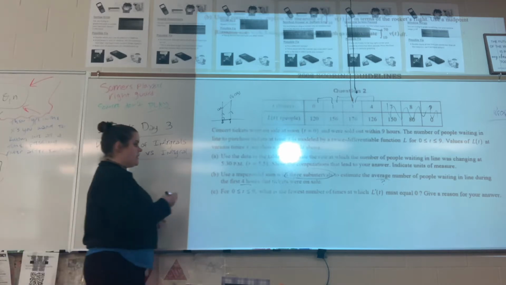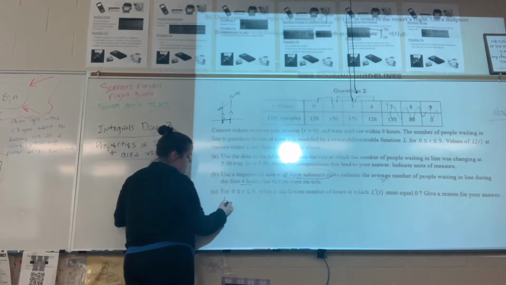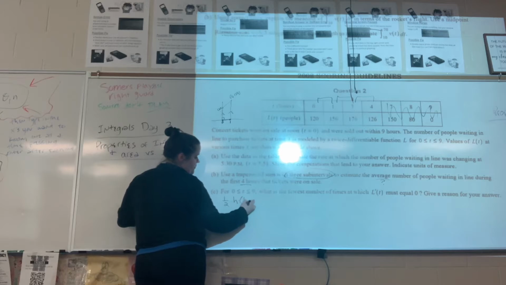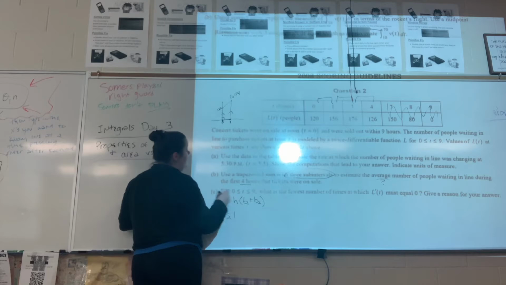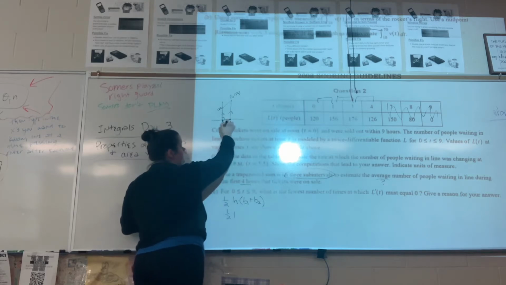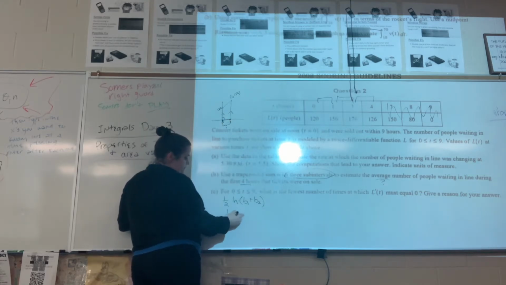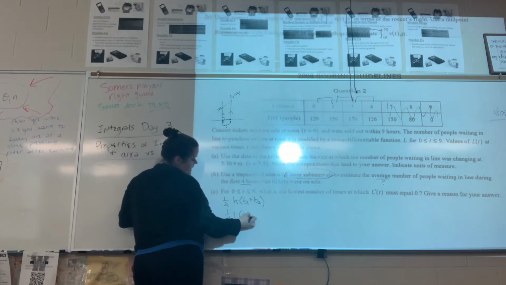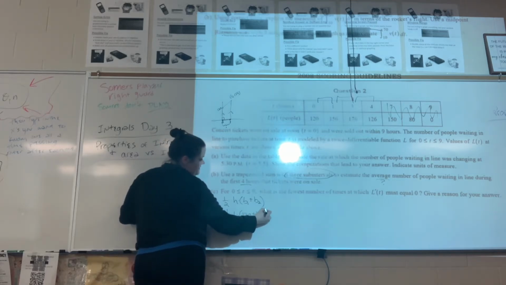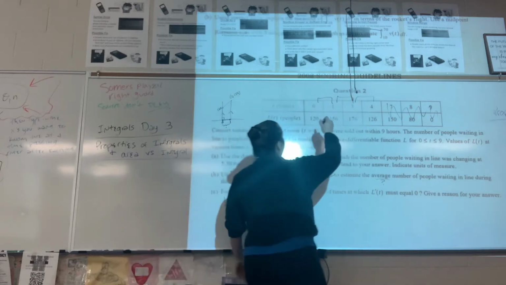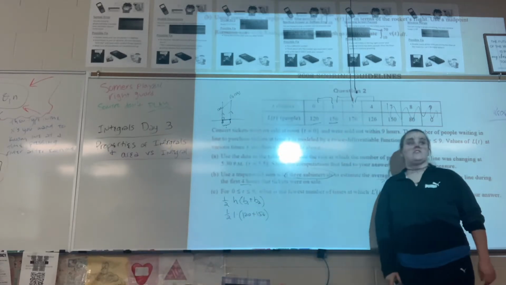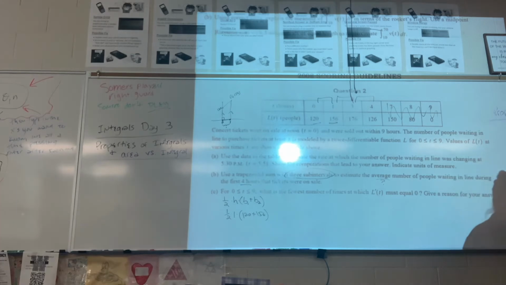If I take my trapezoid formula, 1/2 height times base 1 plus base 2, my height is my dx value, which in this case is 1, plus 120 plus 156. Notice that I didn't need to draw the picture out unless I needed to visualize. These problems I feel like you can get right, so it's worth taking the time to draw it out if you're concerned about what's going on, okay?